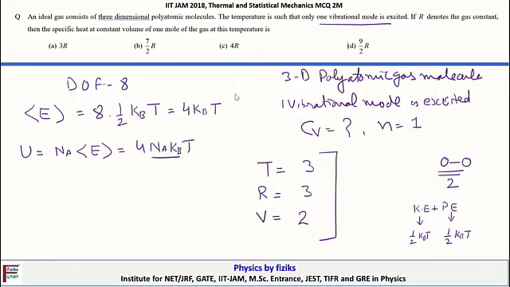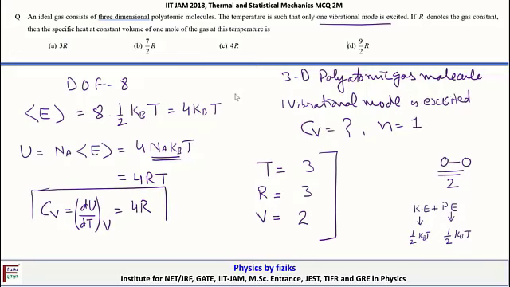Now the product of Avogadro number and Boltzmann constant gives us the universal gas constant, so that is equal to 4RT. Now Cv, the heat capacity at constant volume per mole, is equal to dU by dT at constant volume, and that is equal to 4R. So therefore our correct option here is C.